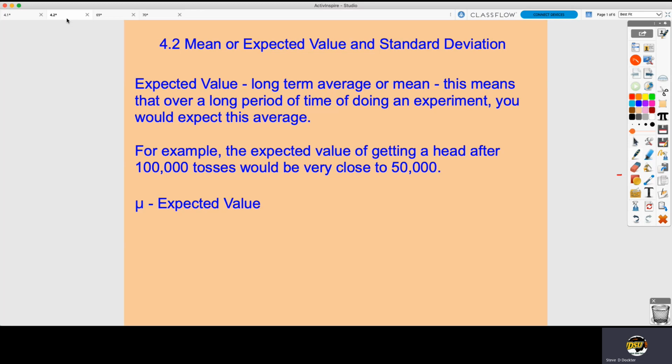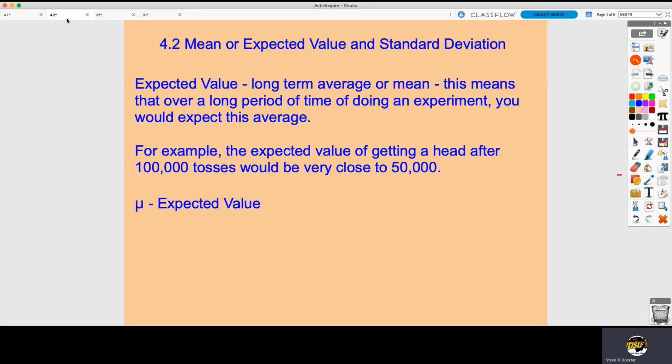It is not always exactly what the mean is, but it is what you should expect as your average. So for example, if you were to toss a coin 100,000 times, what is the expected value of getting heads? It wouldn't necessarily have to be exactly 50,000 times, but it should be very, very close to it.